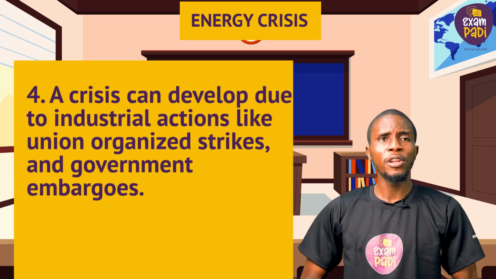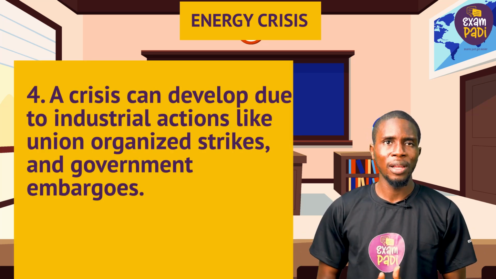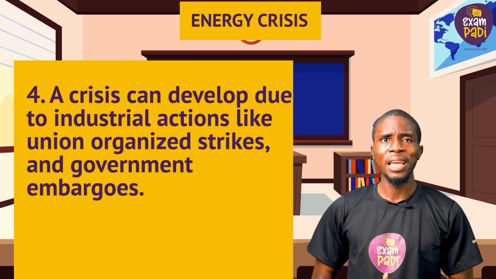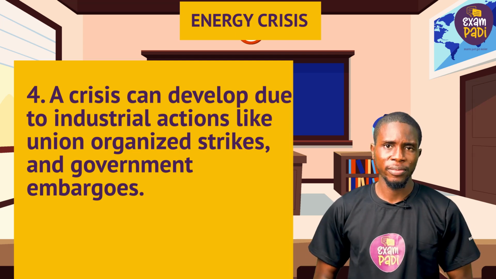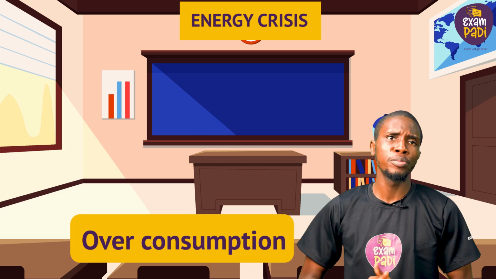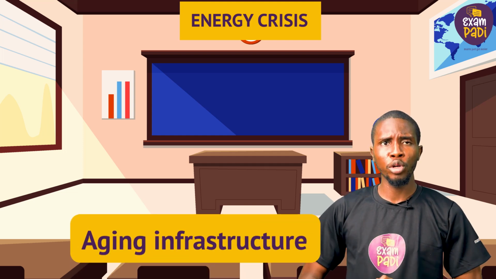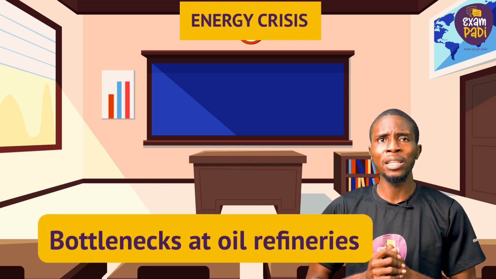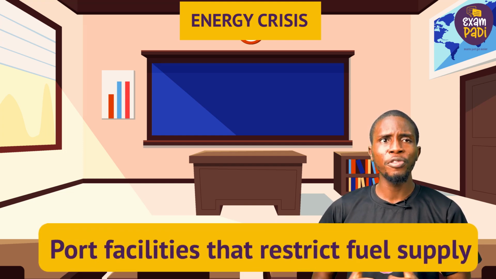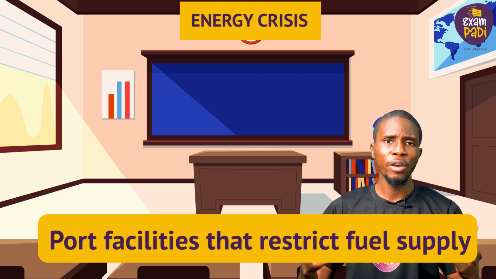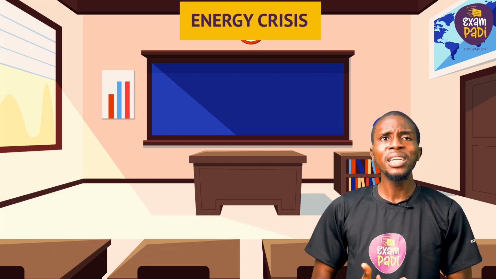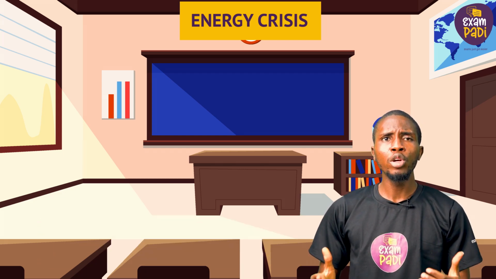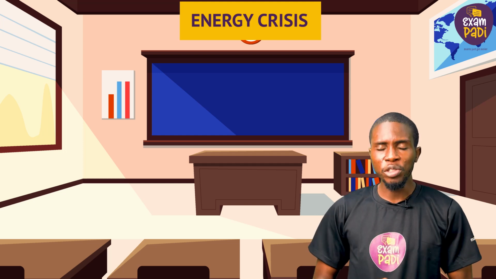A crisis can develop due to industrial actions like union-organized strikes and government embargoes. The cause may be overconsumption, aging infrastructure, choke point disruption, or bottlenecks at oil refineries and port facilities that restrict fuel supply. An emergency may emerge during very cold winters due to increased consumption of energy.